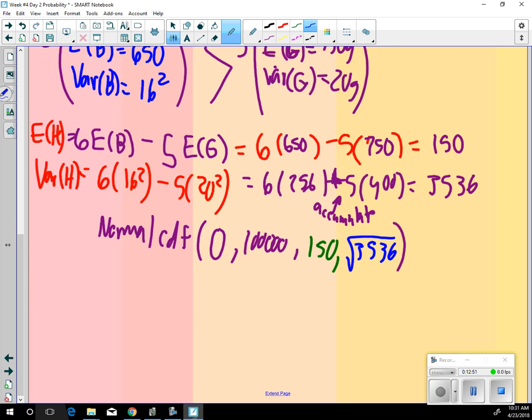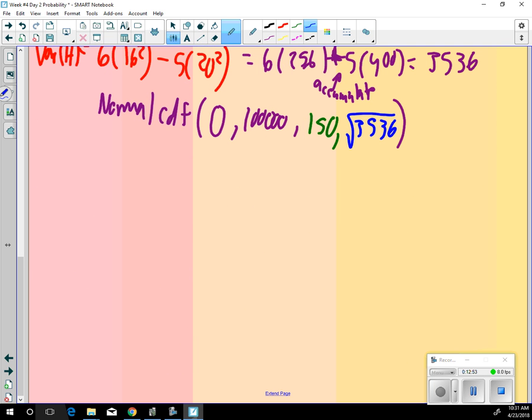And tell me what you got for the probability. The weight's greater than 0. The difference is greater than 0. What did you get? Did you get 0.994? I win. There you go.